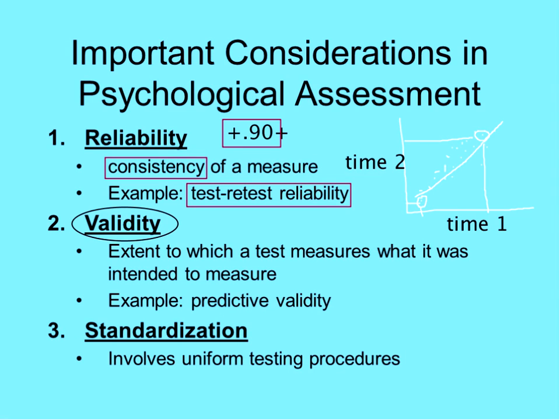Basically, the story here with standardization is we have to follow uniform testing procedures, which basically means we need to do the same thing with every single person to whom we administer a given test. So if we develop this new Lamecus IQ test today, that's great.